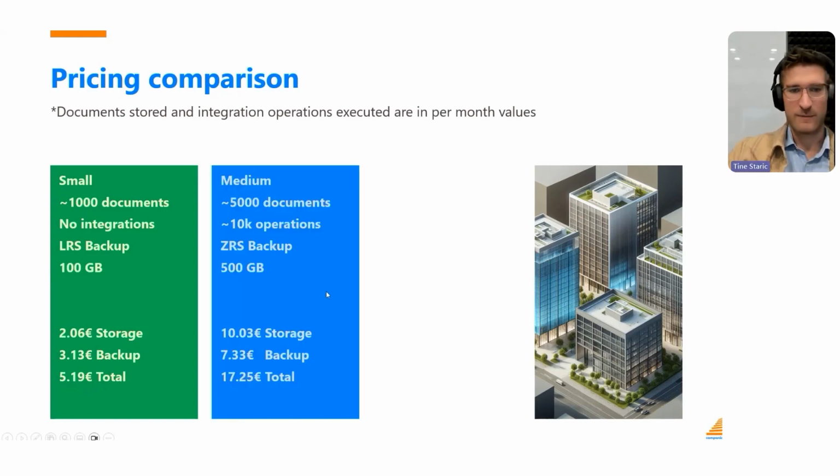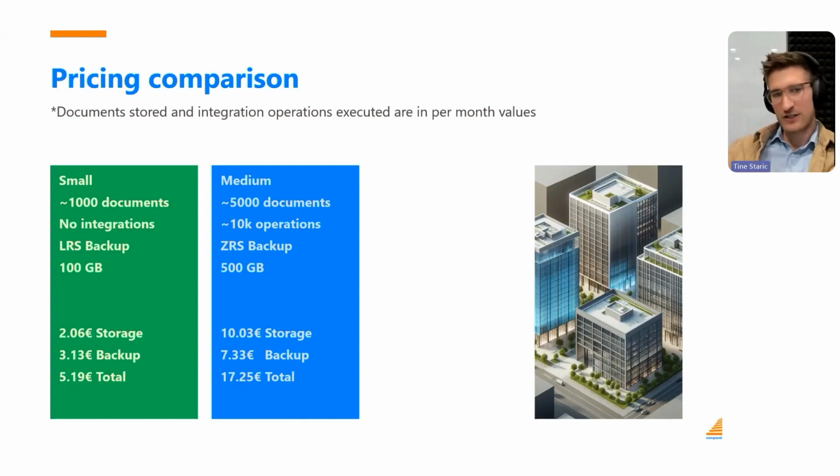For a medium company, we're looking at 5,000 documents per month. We have 10,000 operations. Let me explain how to interpret this 10,000 operations. This relates to integrations. So here I'm assuming that per month, the company is going to drop 5,000 files in a storage account.